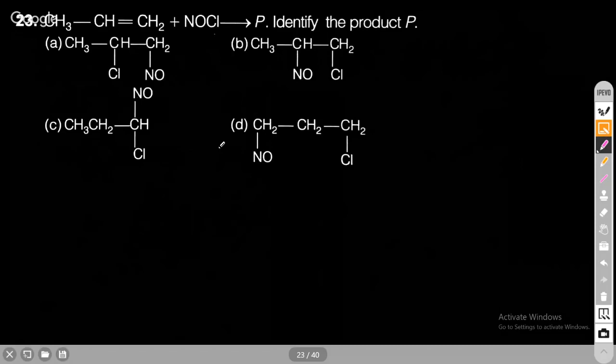So what is the answer in this? All of you are getting B. See, the other molecule was HOBr. Then we have taken HO minus Br plus. NOBr or NOCl, we call it nitrosyl chloride.